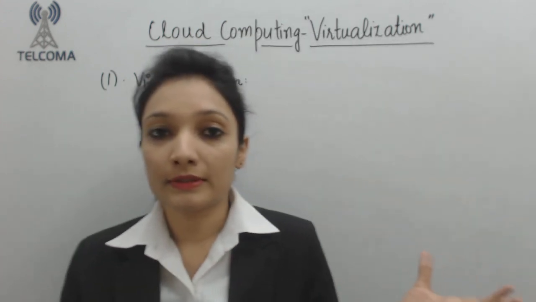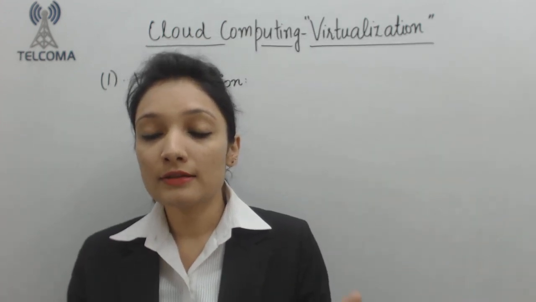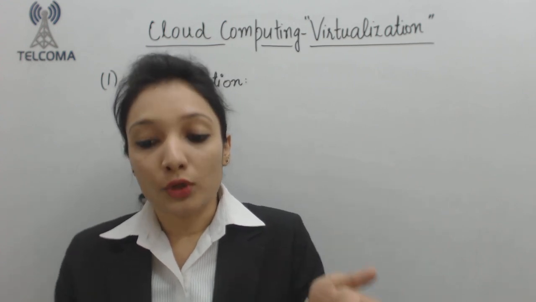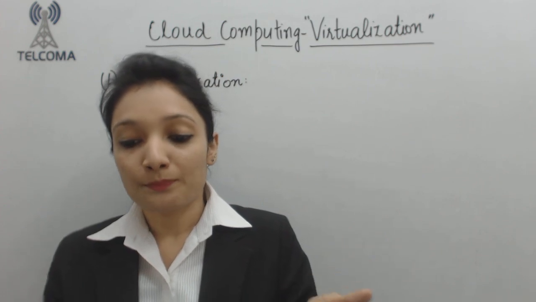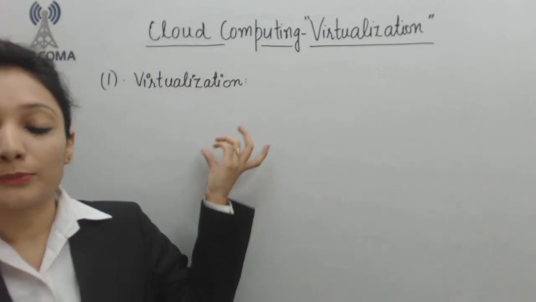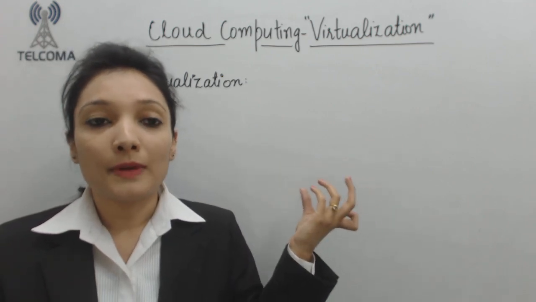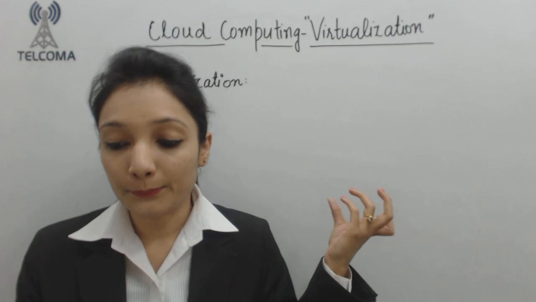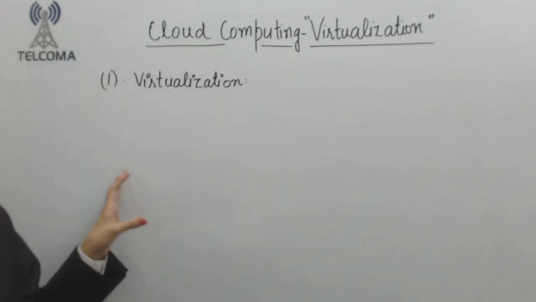So in cloud computing, virtualization is referred to as the act of creating something virtual rather than actual. This virtual version can be something like your computer hardware or your platform like your operating system, your storage device or other computing network resources.